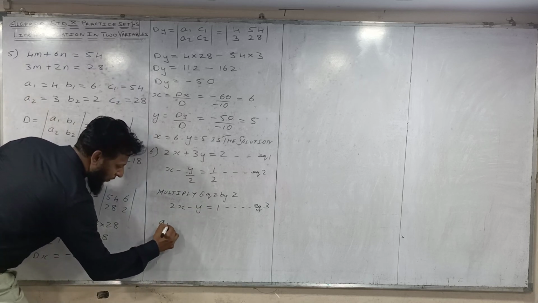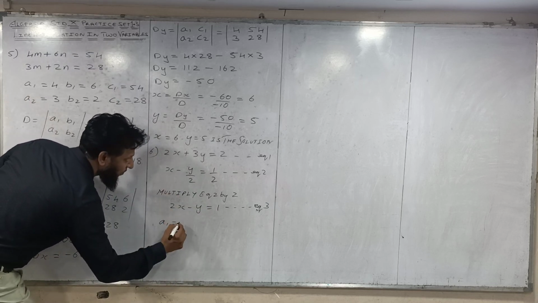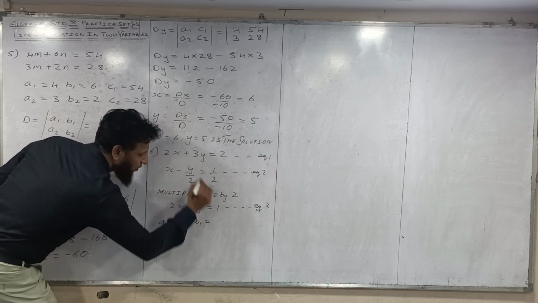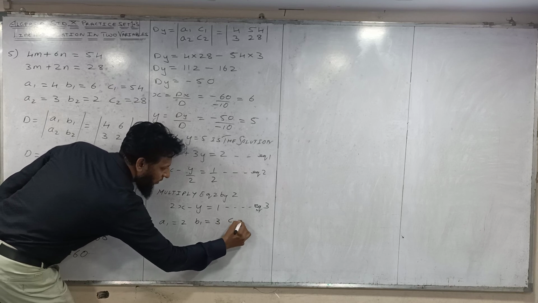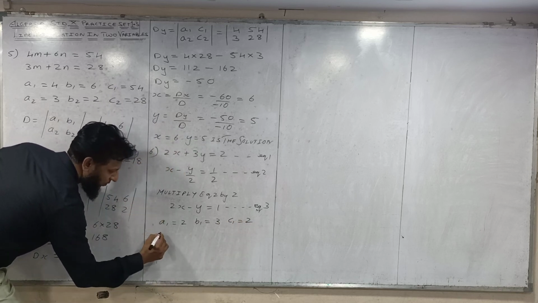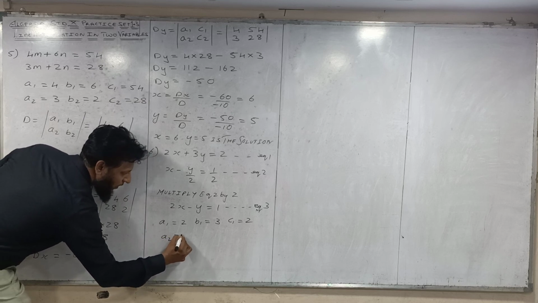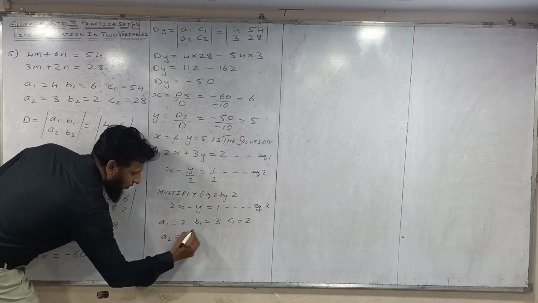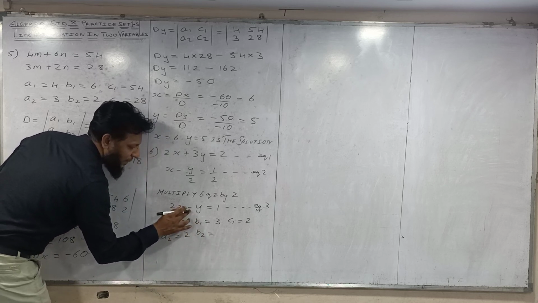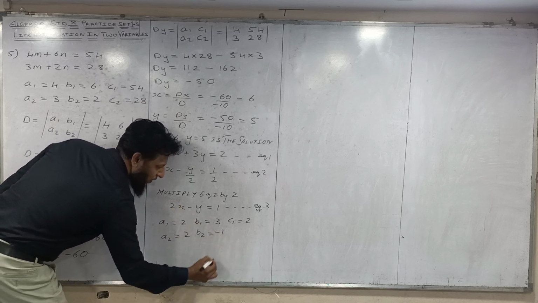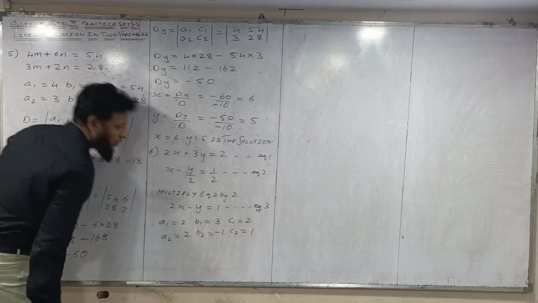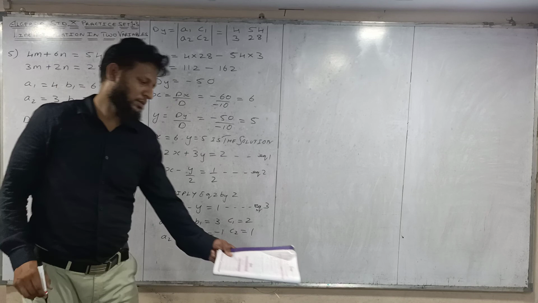Now from this equation 1, a1 is 2, b1 is equal to 3 and c1 is equal to 2. Now this equation 3, a2 is equal to 2, b2 is equal to no value then 1, and the other sign is minus, so minus 1, c2 is equal to 1. So this is our value a, b and c.